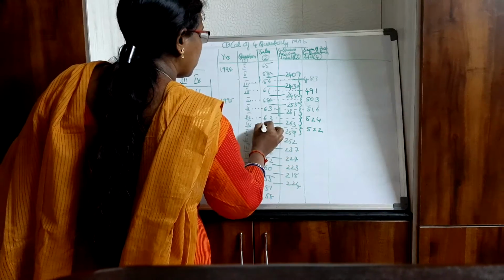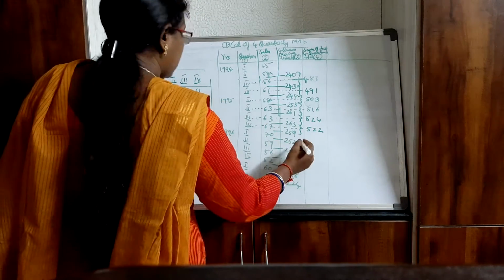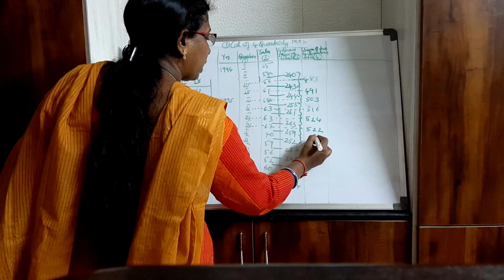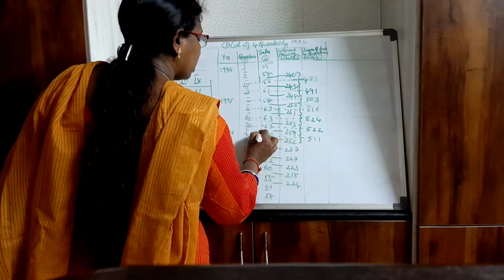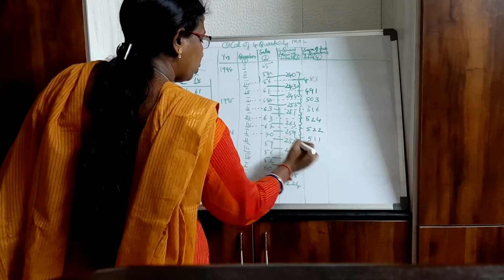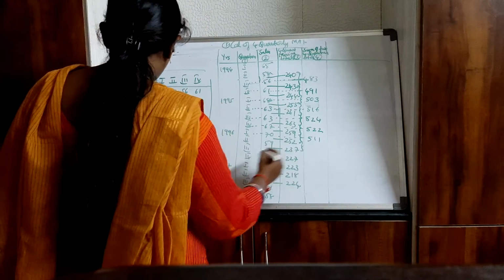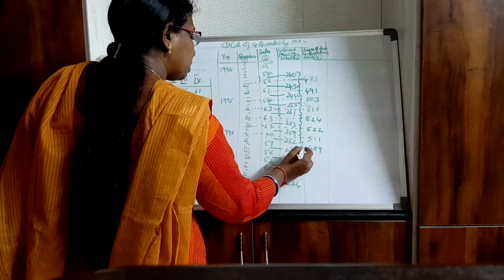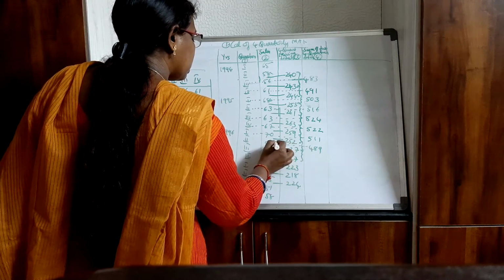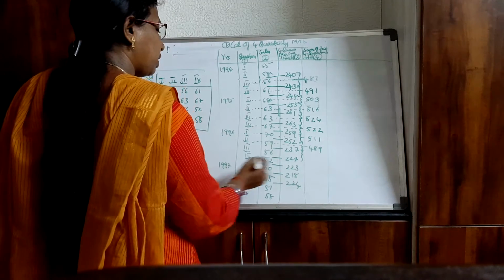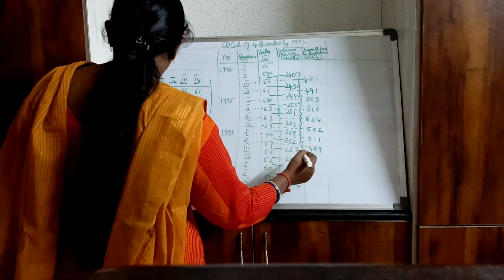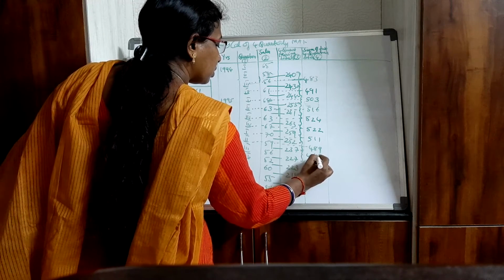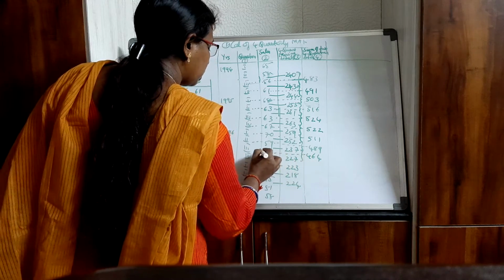So this is corresponding to this. Then 259 plus 252, so this is 511. Then 252 plus 237, so 489. Then 237 plus 227, which is equal to 464. So corresponding to this.